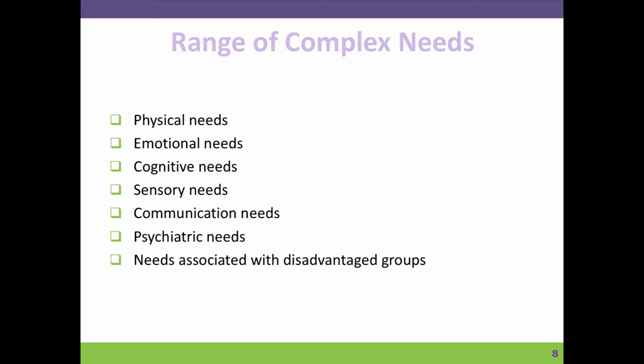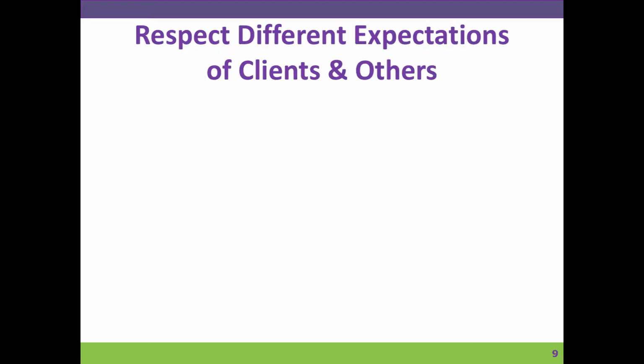It's important to note that people, including our clients, their significant others and other staff, may have a variety of different expectations for the client's participation within the leisure and health program.